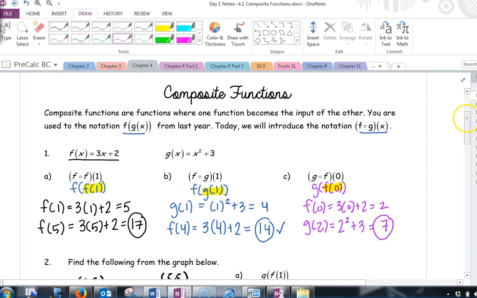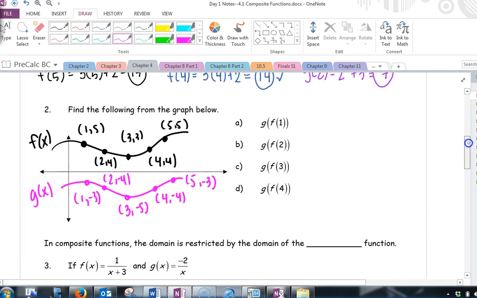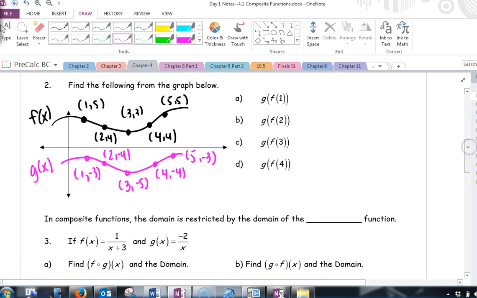Now let's take a look at a graph and see if we can identify some values. So find the following from the graph below. You have f of x and you have g of x. So this is something I don't think we really did as much last year. So first, start off by finding the inside part, f of 1.